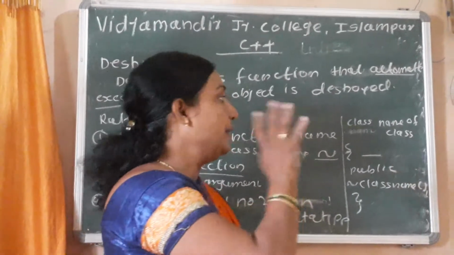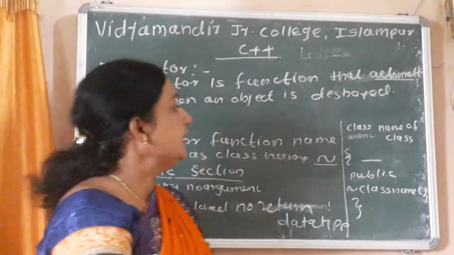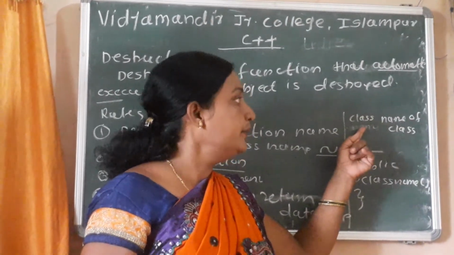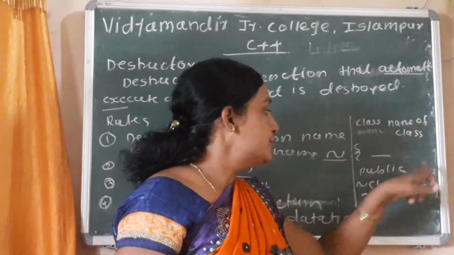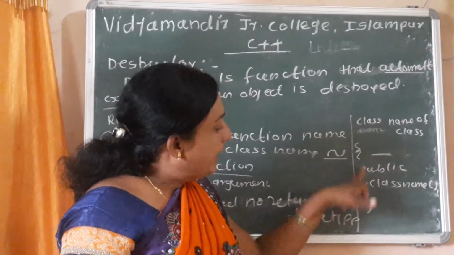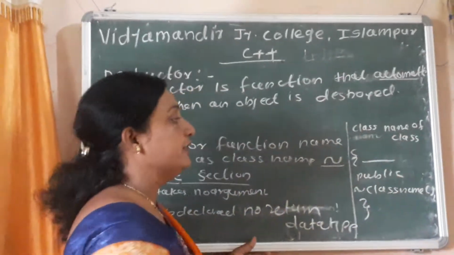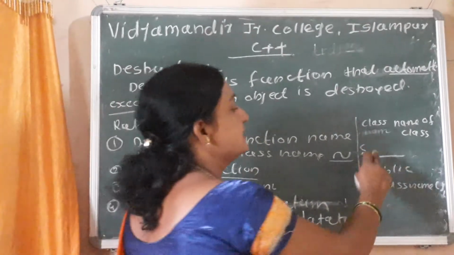There is a special syntax for the declaration of the destructor function in a program. First, we give the class keyword, a user defined data type, and the name of the class which we want to use. Next, in the private section, if we do not give any section, by default the compiler considers it private.